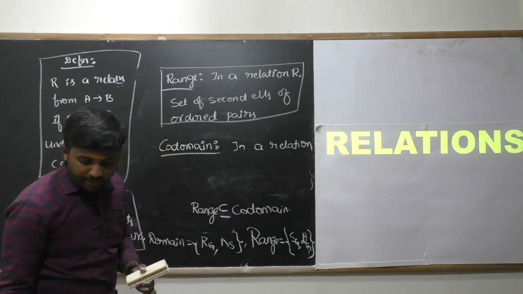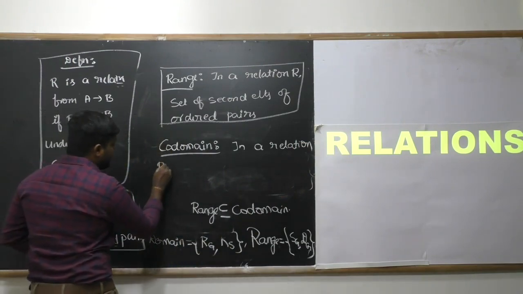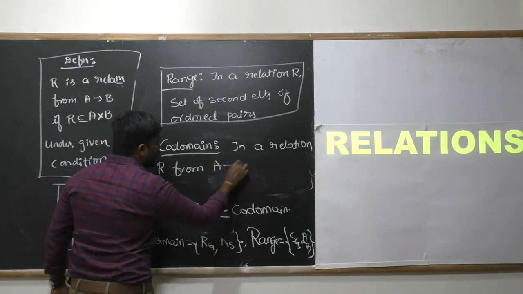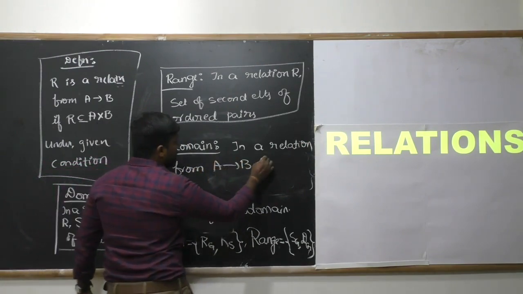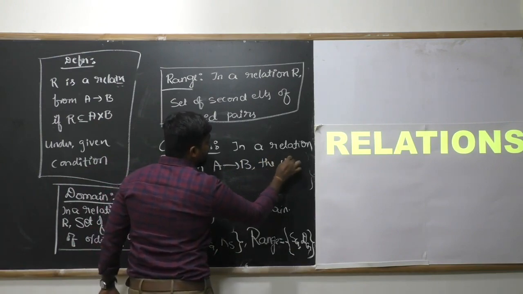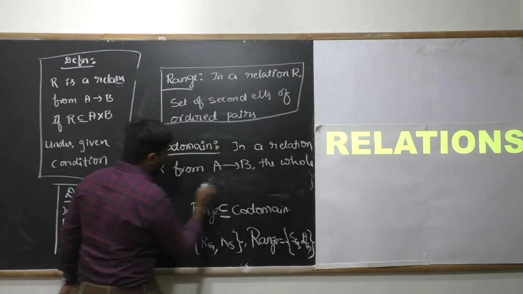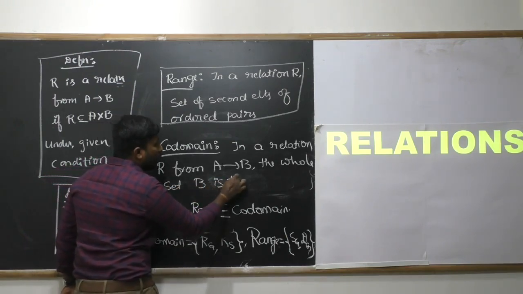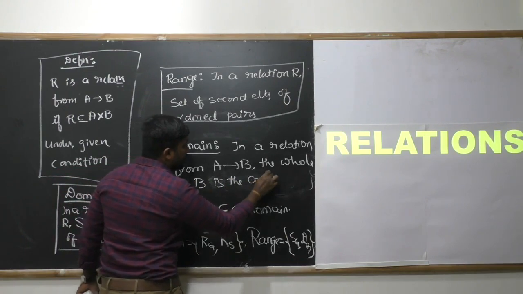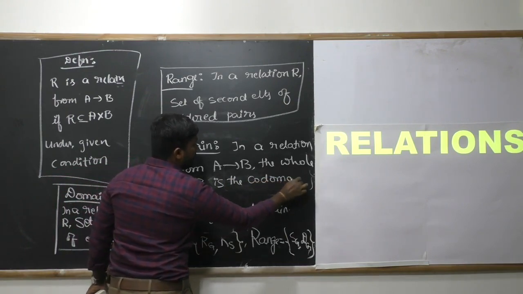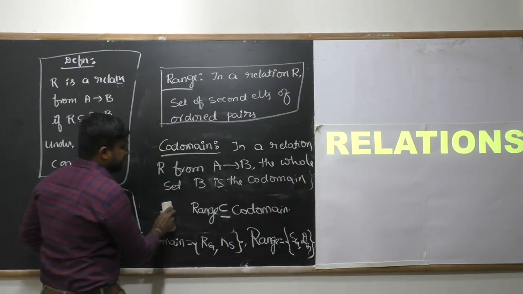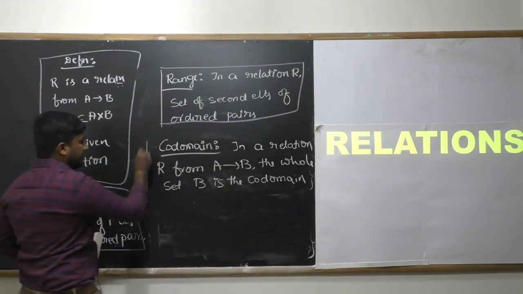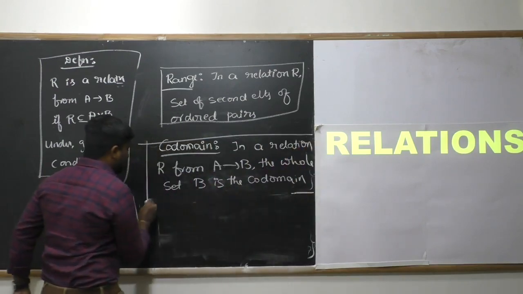In a relation R from set A to set B, the whole set B is the codomain. Okay, these are the definitions related to the concept relation. Please note down the definitions.